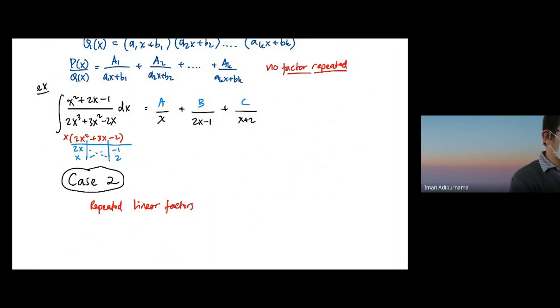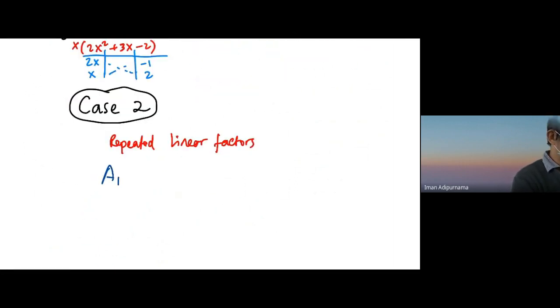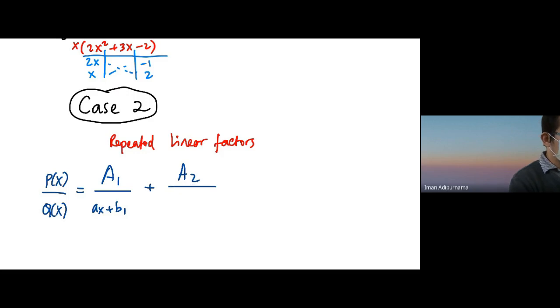So it will be, let's say, P of x over Q of x equals A1 over ax plus b1, plus A2 over ax plus b2, plus dot dot dot, until some r.